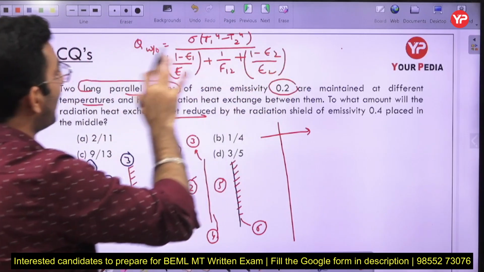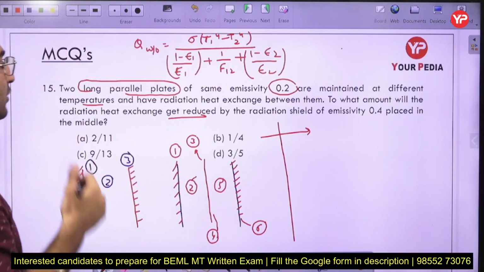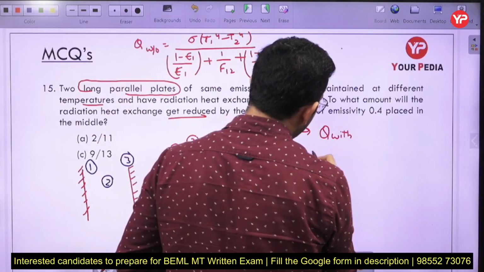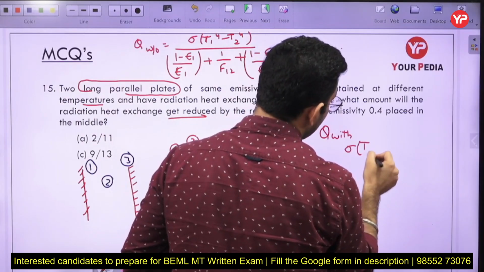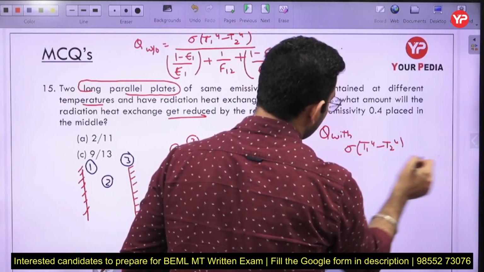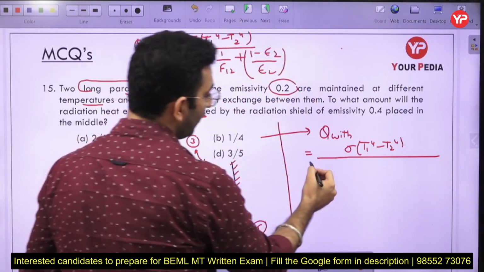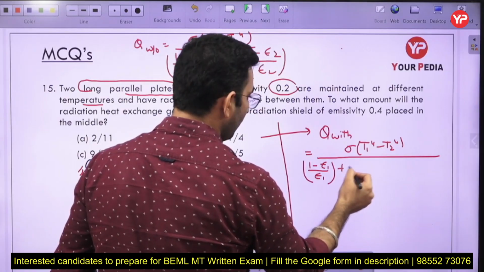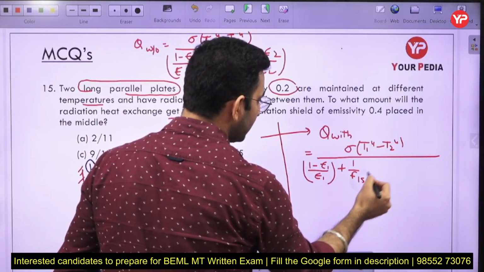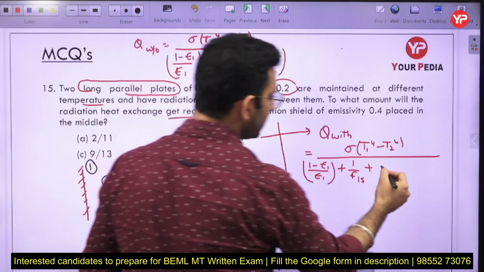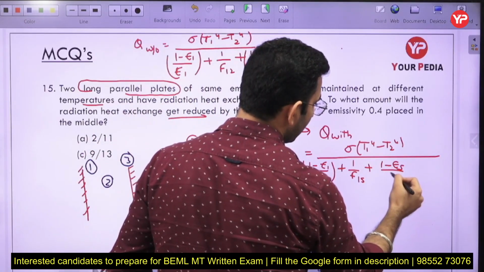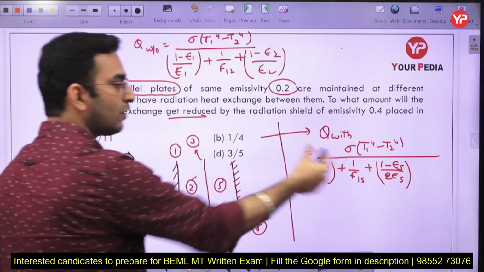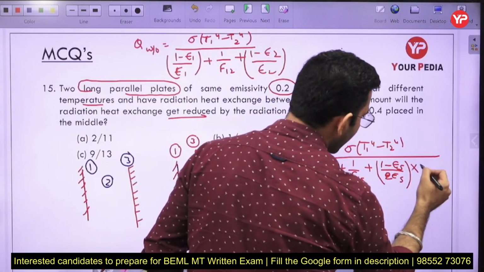So this is the value of the heat transfer without shield, and with shield the heat transfer will be written as sigma (T1^4 minus T2^4) divided by (1 minus epsilon 1) upon epsilon 1 plus 1 upon F1s plus (1 minus epsilon s) upon epsilon s. So this is the surface resistance of the shield. There are 2 of them, so I am multiplying it by 2 here.